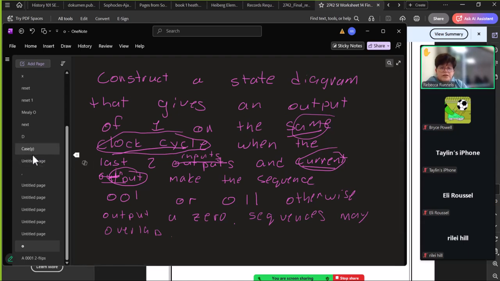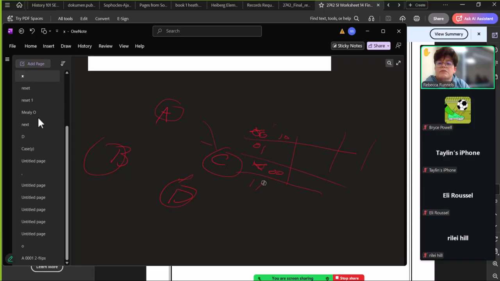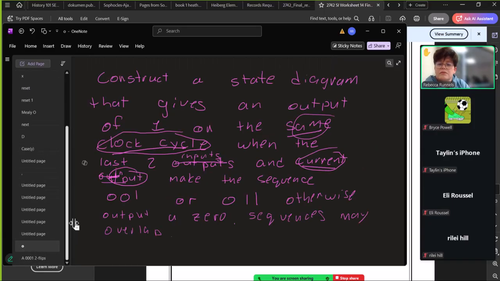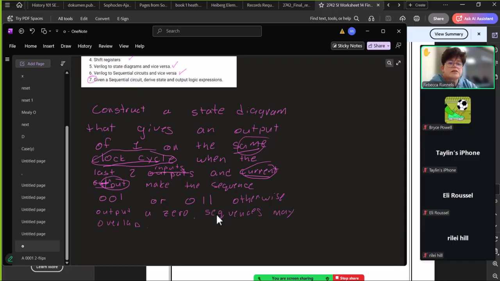Okay, so we're trying to detect a sequence, and sequences may overlap. We're trying to detect a 0, 0, 1 or a 0, 1, 1. So let's say we start with a reset. We don't have anything yet. If we get a 0, is that heading us anywhere towards getting what we're looking for?